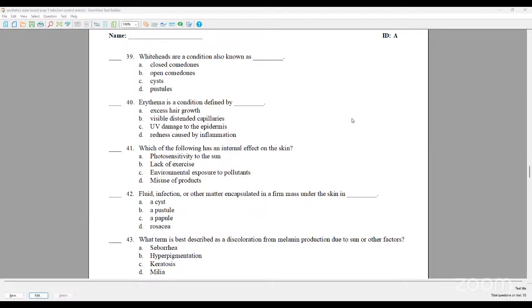A is correct. Whiteheads are a condition also known as closed comedones. All right. Closed comedones are whiteheads. That means open comedones are probably what, Dallas? Blackheads. You go, girl. Correct.